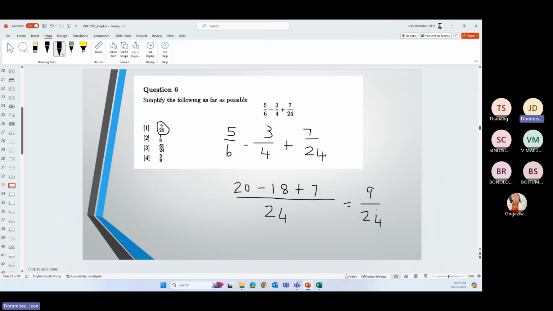We'll see if we made a mistake somewhere. Okay, 20, 61 over 24, it's not that one. Okay, so let's simplify. So 3 goes into 9 3 times. 3 goes into 24 8 times. So there's a 3 over 8.